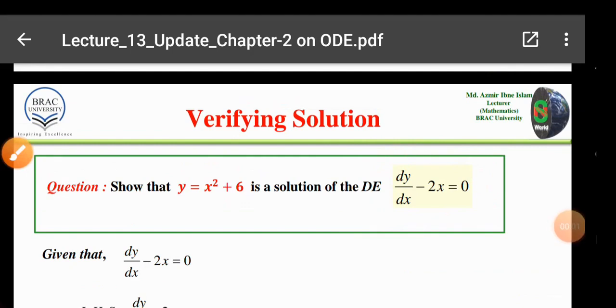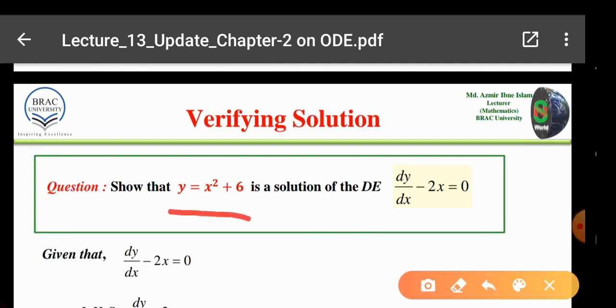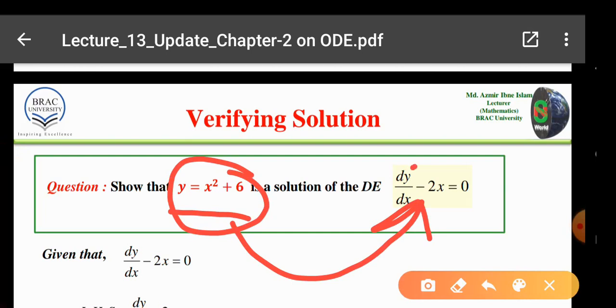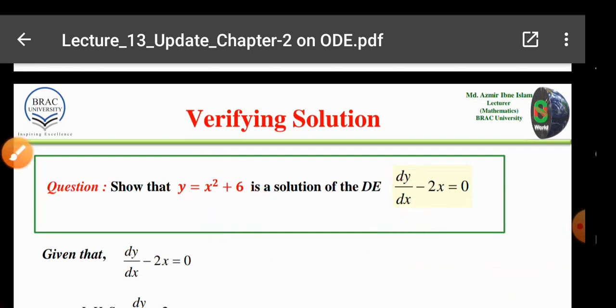How to find the solution of any differential equation I will discuss later, but for the time being, suppose y equal to x square plus 6 is the solution for this differential equation, and we have to show this. That means if we input this function here, the left side and right side must be equal.